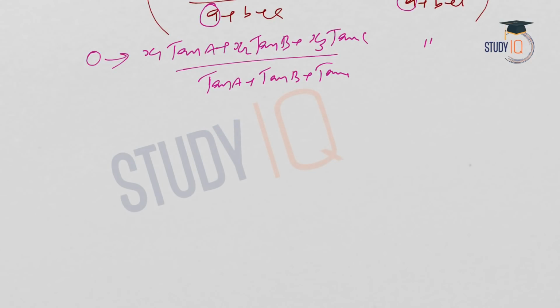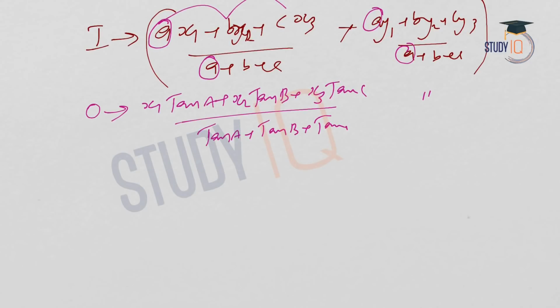Now here what I'm going to do is, in the very same incenter expression, this a, b, c, I'm again going to change. Here I changed to tan a. In this case, I'm going to change it to sine 2a, sine 2b, sine 2c.